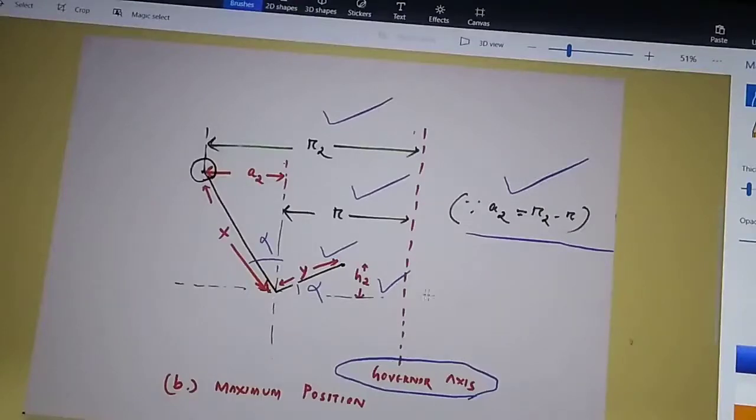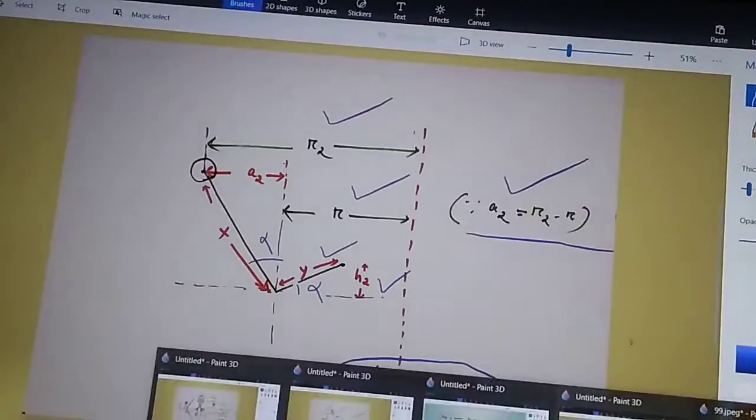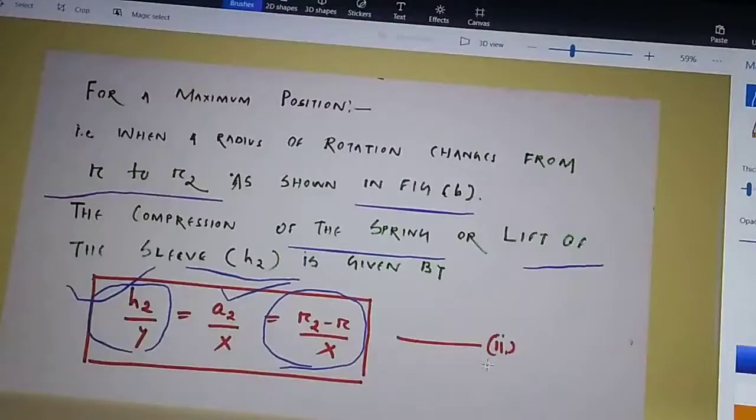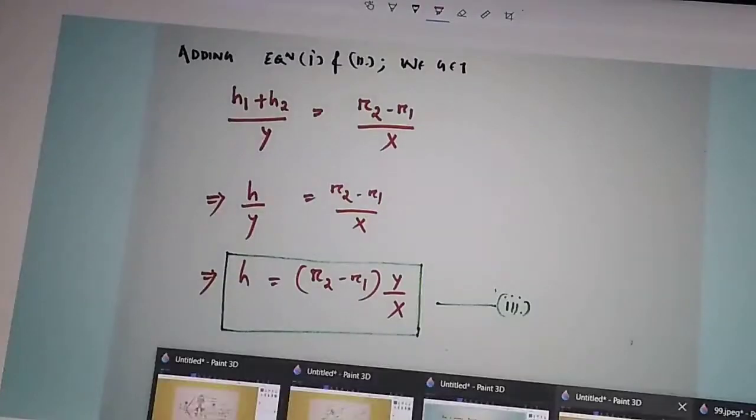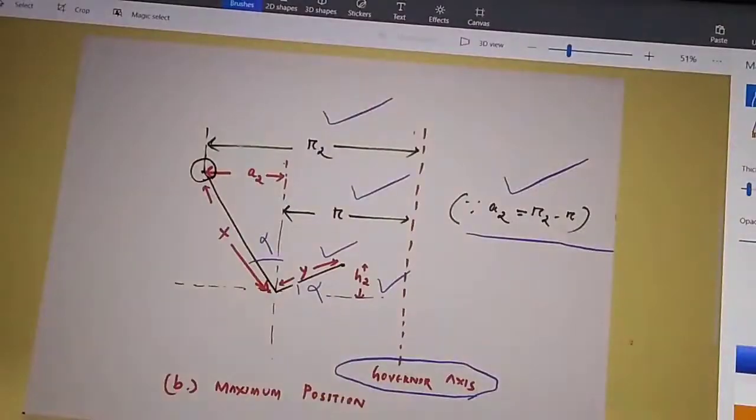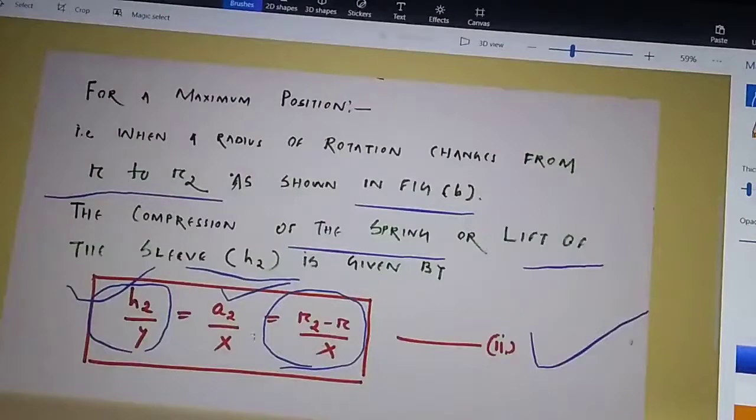So like this you will get the expression as follows, and this is the most important expression, equation number 2. If you add these two equations, what will you get? H1 plus H2. Now before adding that, you have to ignore this A2 term. We want the relation between H and R1 and R2.